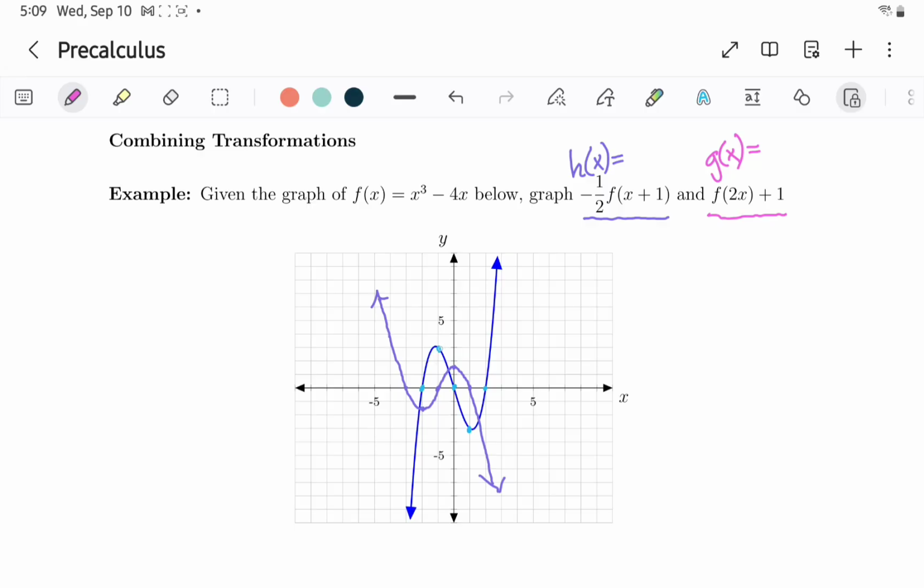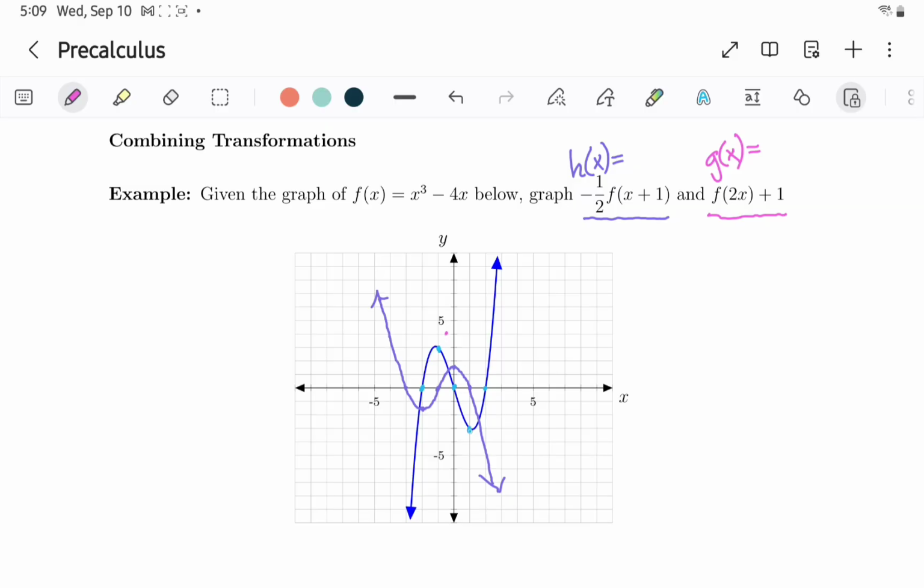So this point here at -1, 3 is going to move to -1/2, 3, because that's like compressing it horizontally by a factor of 1/2. And then we're going to shift it up 1 unit, so we will be at -1/2, 4 now.